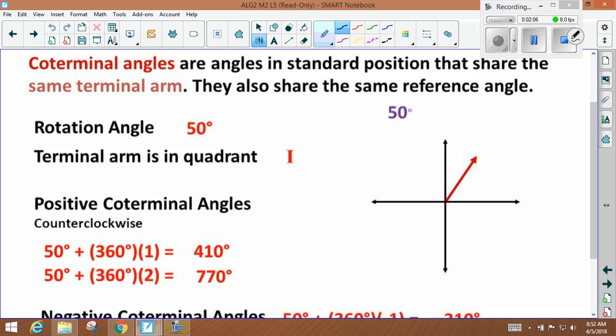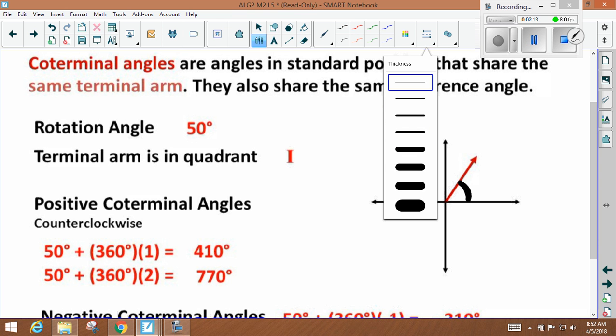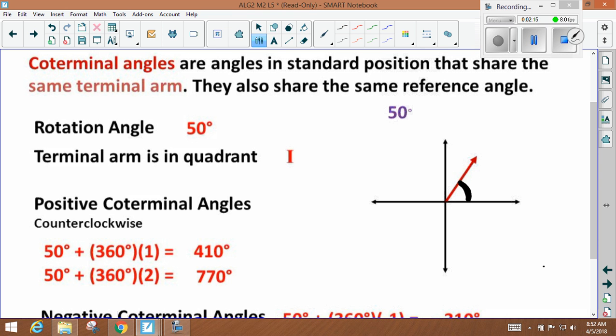So, the way this works is, if this angle right here is 50 degrees, then a coterminal angle would be, if I start from the same initial ray, right?